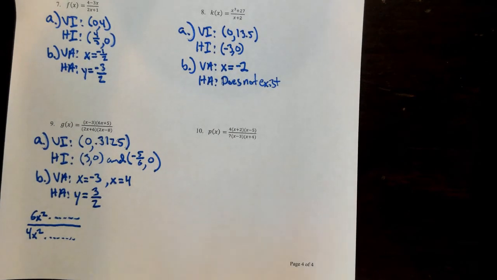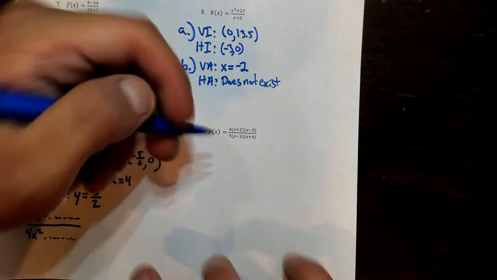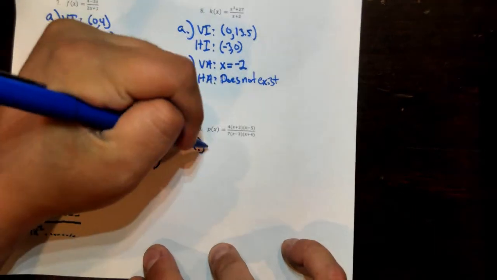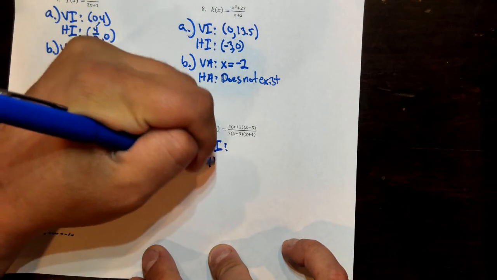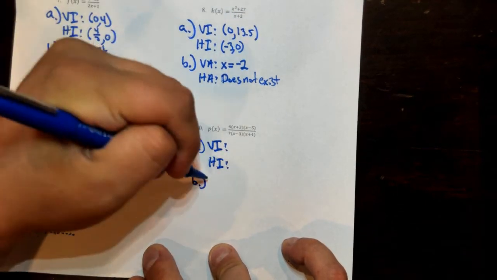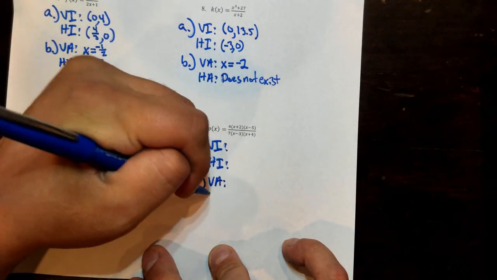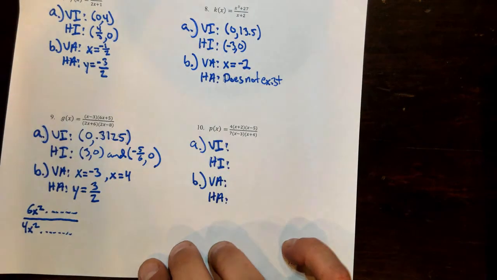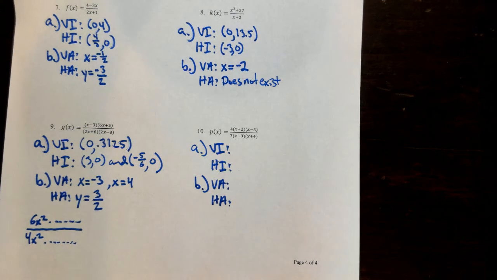One more. So let's do this. Okay. So let's see. To find our vertical intercept, we're going to, let's see.